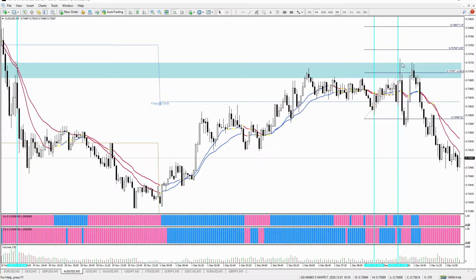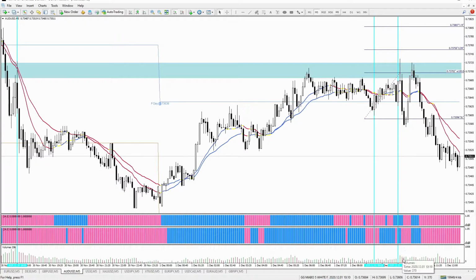So this kind of analysis will have prevented you, at least, if you use it, from taking a long, which was obviously a trap. And from the shape of this bar, it was obviously a trap.